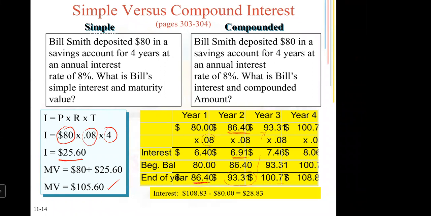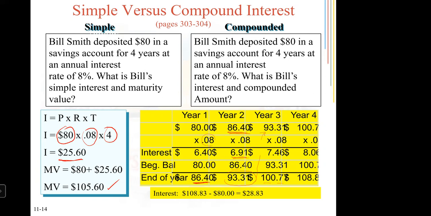Okay. And so the beginning of year 4, your principal will now be $100.77. You find 8%, my 8 got chopped off there. And so your interest now is $8.06. You add that to the $100.77, and you get $108.83.